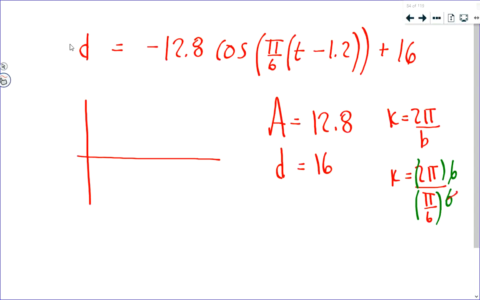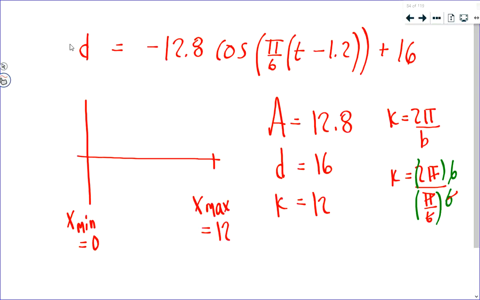And in this case, the 6's cancel, the pi's cancel, and you get a period of 12. So what I'm saying on the previous page is you want to graph it over one period. So for your window settings, you want to choose a minimum x of 0 and a maximum x of 12. You want to look at one complete cycle of this graph.